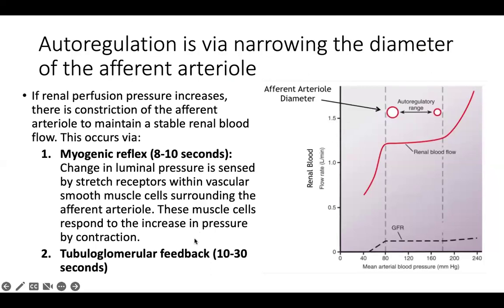And then there's also a tubulo-glomerular feedback that's also, again, very sophisticated, that takes 10 to 30 seconds to kick in. And the goal is, again, when there's a spike or as blood pressure increases, the diameter of your afferent arteriole is going to get smaller, so that you maintain renal blood flow and perfusion at this very steady flow rate, 1 to 1.25 liters per minute.